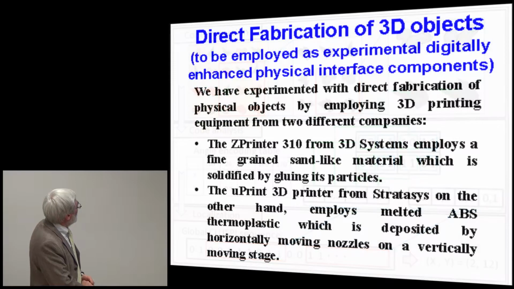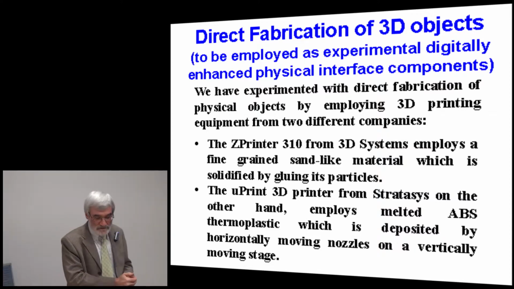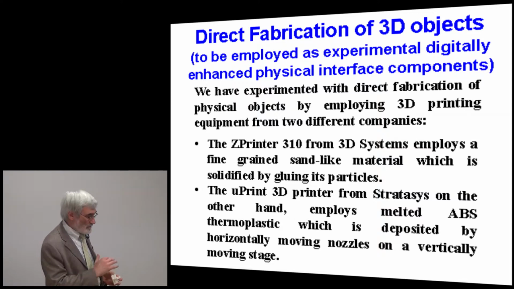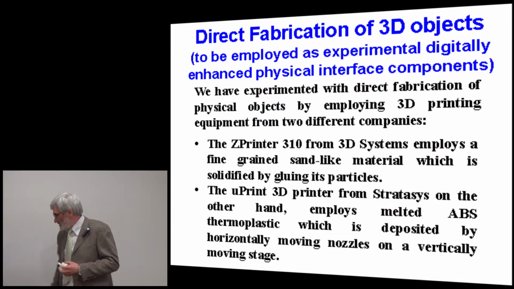applicability here. Another way that we do this kind of thing is by direct fabrication of three-dimensional objects. One can use a three-dimensional printer to print something, and that something can be digitally enhanced or enabled in the process of printing, so you can have the code on the surfaces, a special pattern.